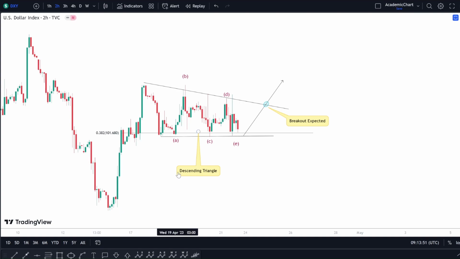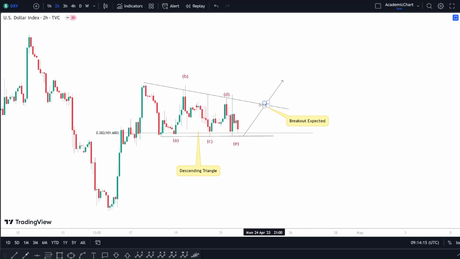We're also seeing a pattern, one of these shallow patterns, a descending triangle, and it has completed its 1, 2, 3, 4, 5, or no, not a 5, it's actually A, B, C, D, E, as we count the waves of a triangle as such. So it seems to be completed, and I'm now expecting a breakout to the top of this triangle.